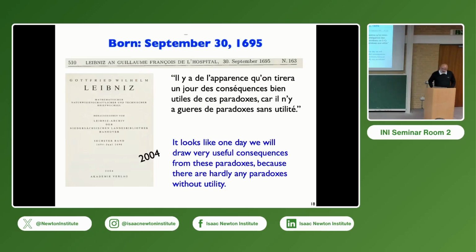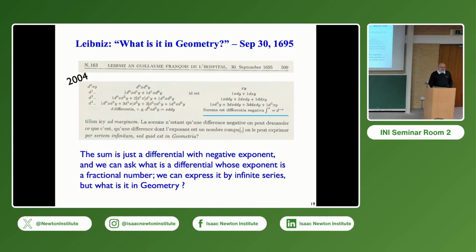So now I'm coming to the next steps. There was another edition of Leibniz collected works in 2004, and it included more information than the 19th century edition.